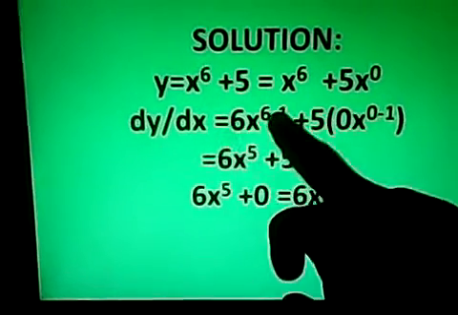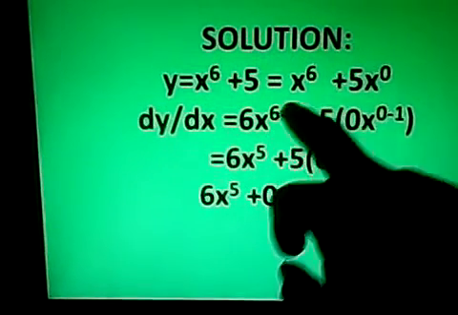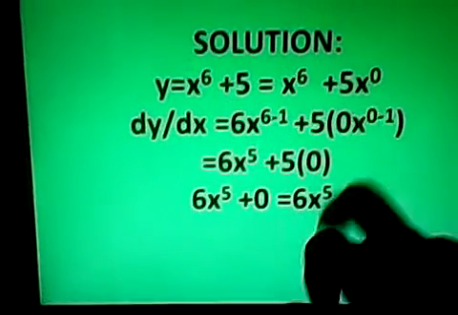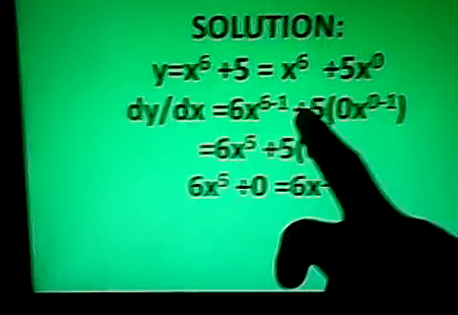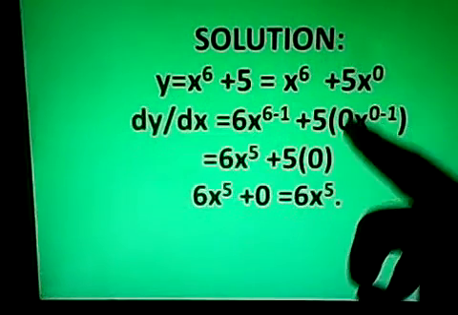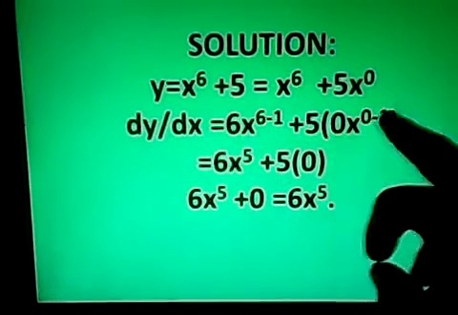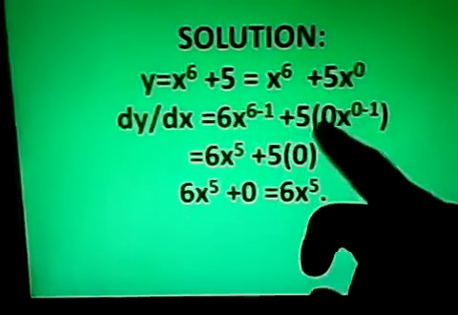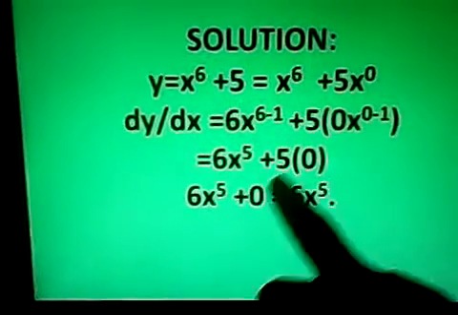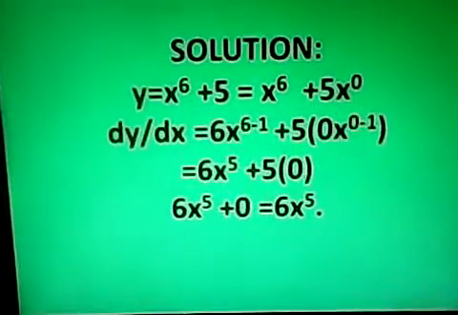And also the new power of the derivative is the old power minus 1. So that is 6 minus 1, which is now 5. And because this is a constant, we factor it out. We now differentiate only the function, which is 0x raised to the power 0 minus 1. But this 0 has nullified everything here and it becomes 0. So we have 5 times 0 to 0. So that is it.